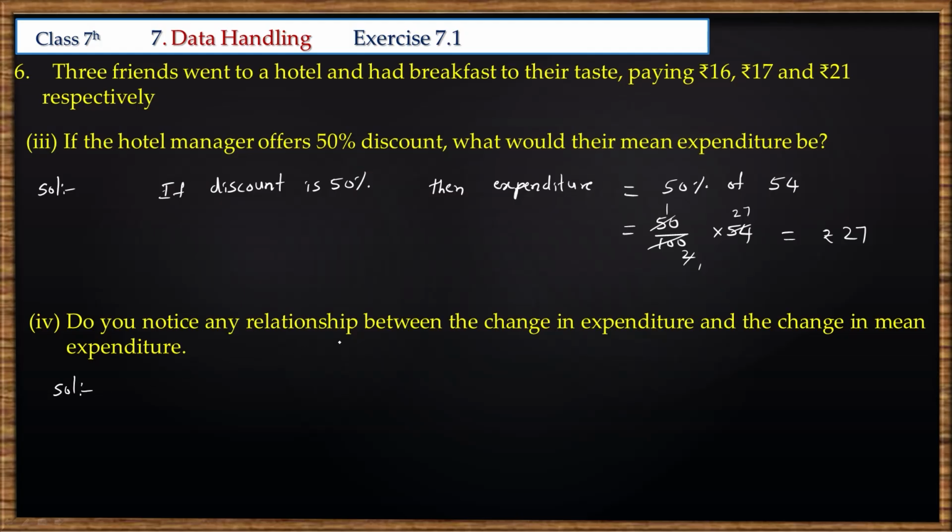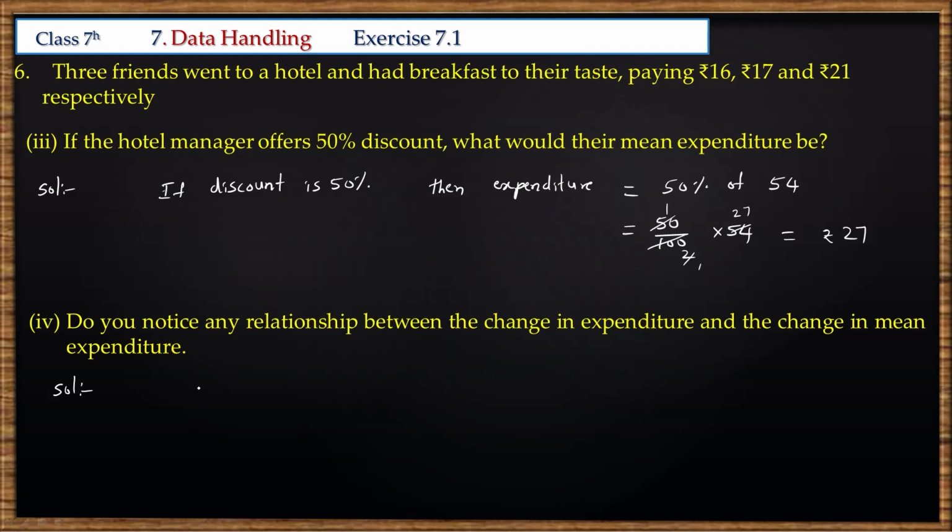The relationship between the expenditure and the mean expenditure is that they are proportional, because if the expenditure increases, then the mean expenditure also increases. If the expenditure decreases, then the mean expenditure also decreases.